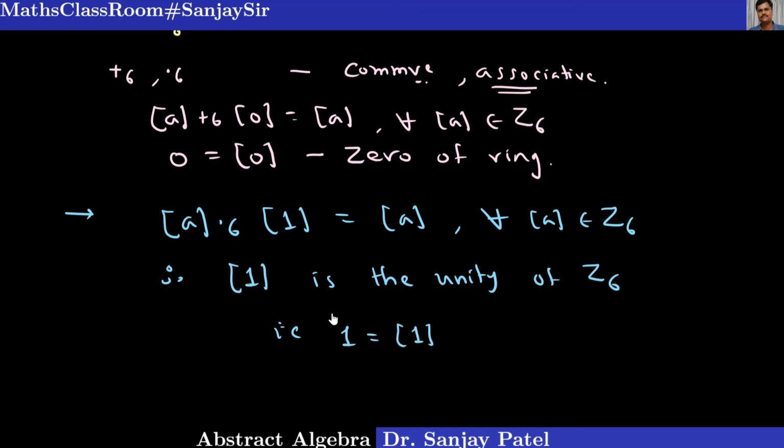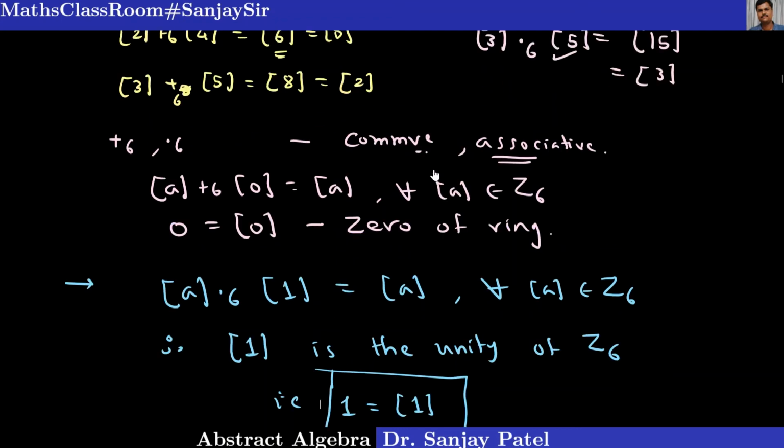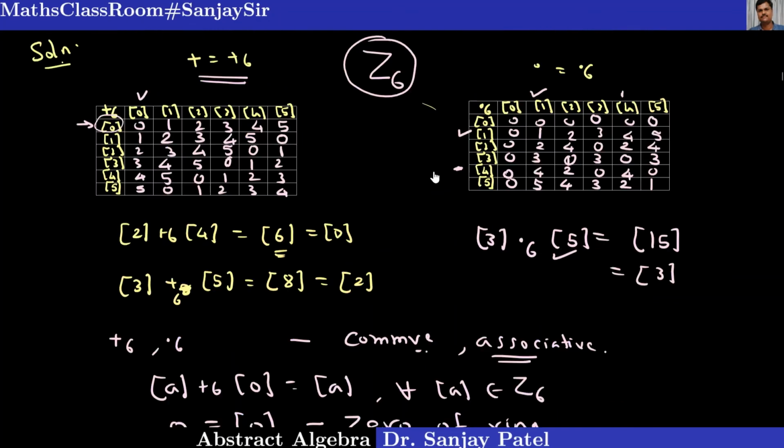Remember, this is true for the ring Z6, and not only for Z6, it is true for any ring of the form Zn. Okay, so what I have discussed is that from these group tables, it follows that the set Z6 satisfies all the conditions of a ring. So (Z6, plus 6, dot 6) is a ring.